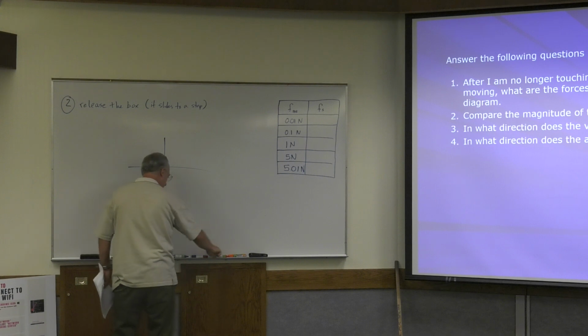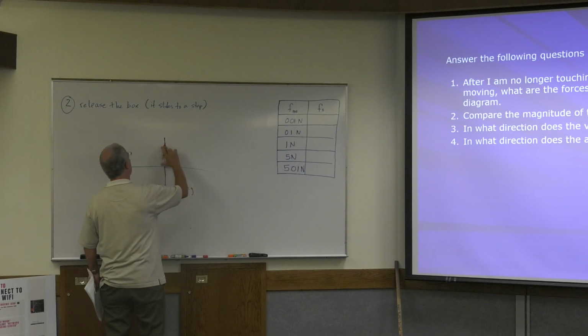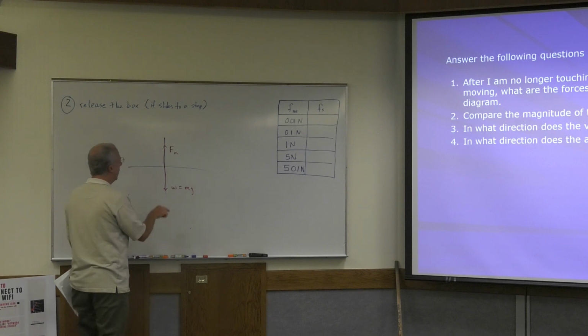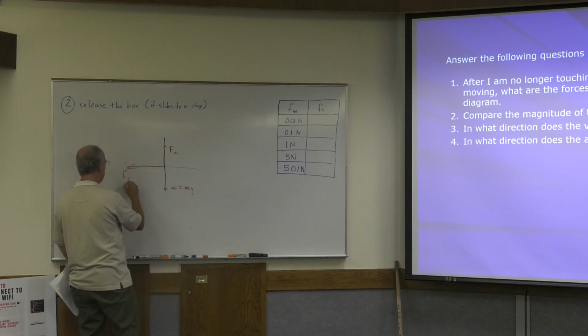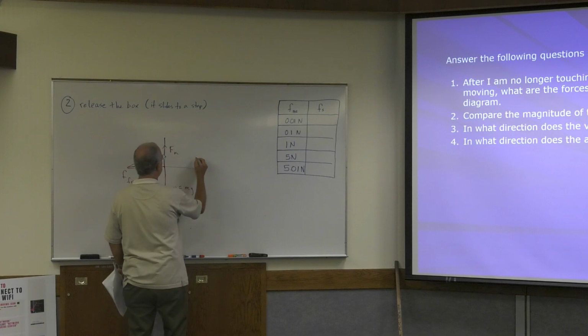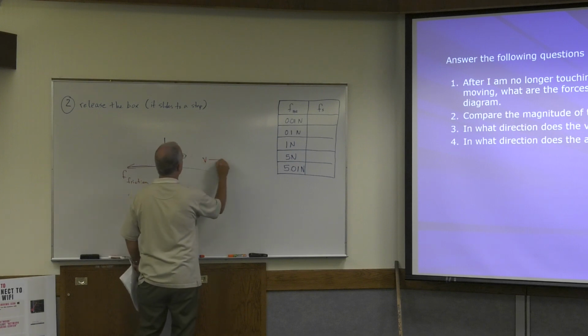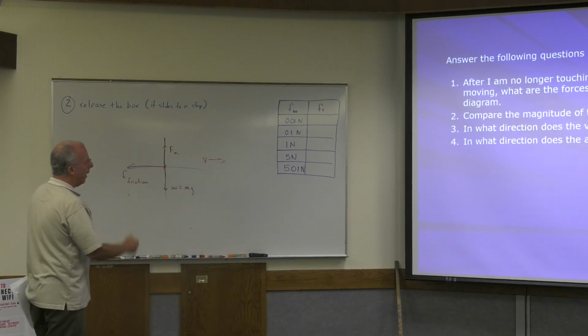So there's the weight. There's the normal. Remember, this was my direction, so the friction is this way. So force of friction. And the velocity is this way. So there's a force diagram.